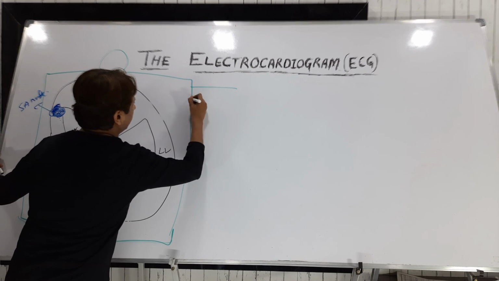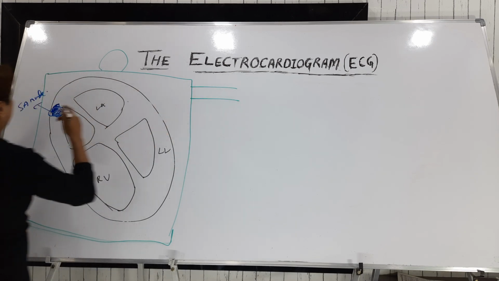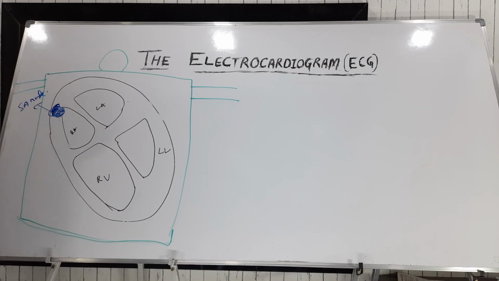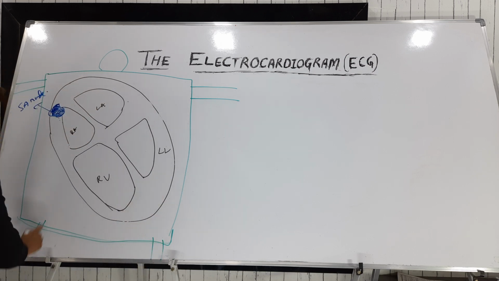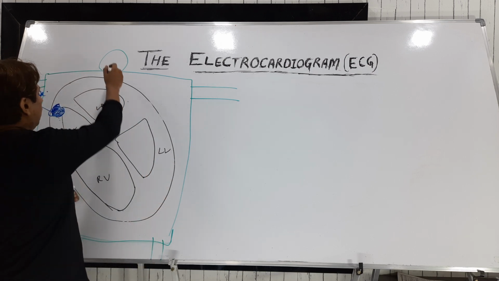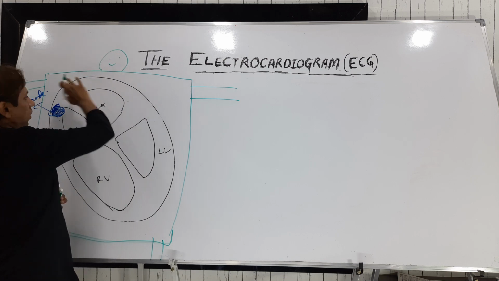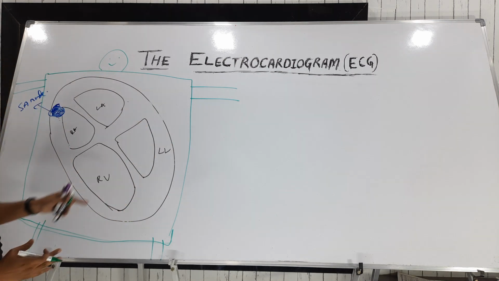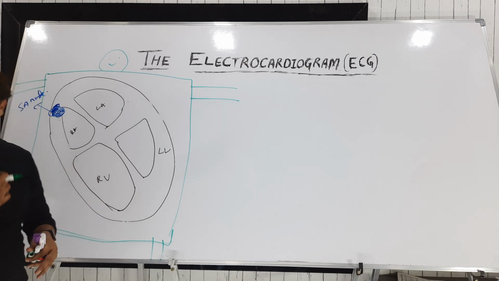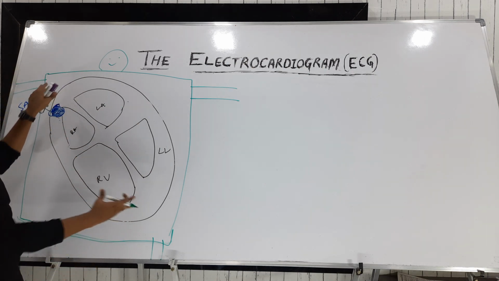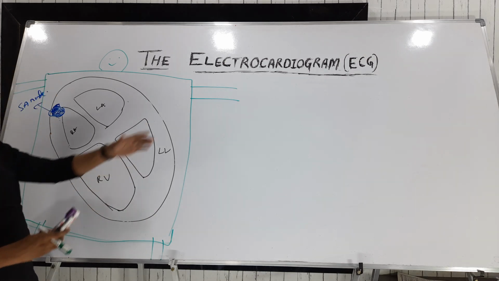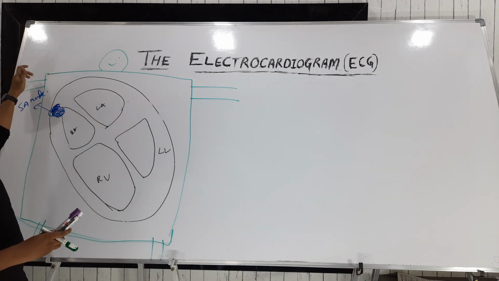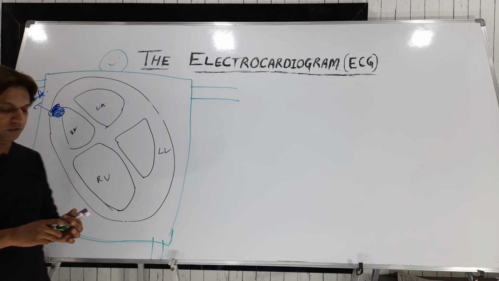This is the left arm, left upper limb, and this is the right arm, okay. Here there is the left leg, right leg, okay. Just hypothetically imagine that this is a human being. Inside this is a heart. The heart is definitely smaller in the precordium as compared to the trunk, but here I have shown it big to understand the concept. So there is a left upper limb, right upper limb, left lower limb, right lower limb, okay.